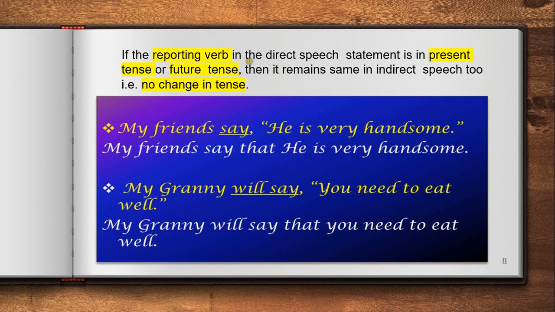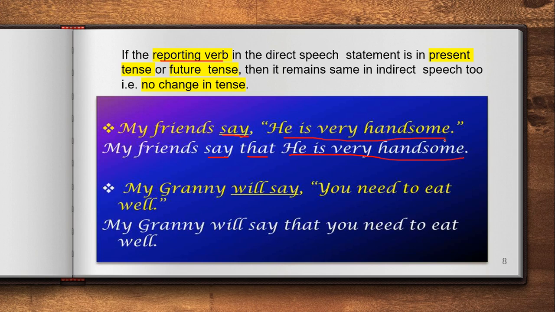If the reporting verb in direct speech is in present tense or future, the tense remains the same in indirect speech, so there is no changing. So there is an exception here, guys. This is the reporting verb: "He is very handsome." This is direct, but in indirect, "My friends say that he is very handsome," there is no changing.